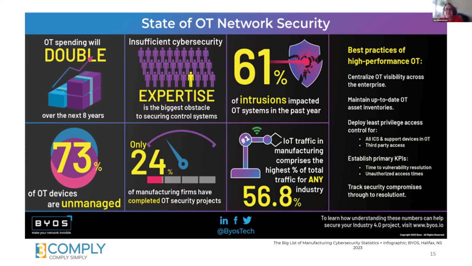This is real stuff. 61% of the intrusions last year were through the OT system or impacted the OT systems. And the IoT traffic in manufacturing is now the highest of any industry, 56.8%. So that's really changed.